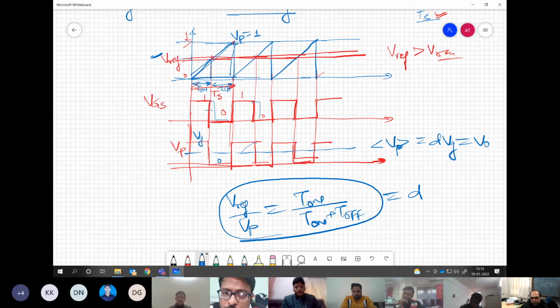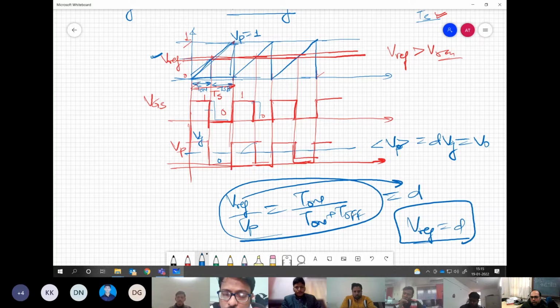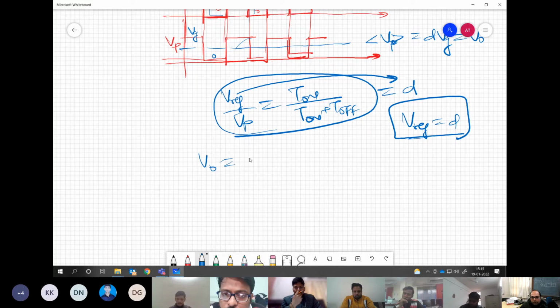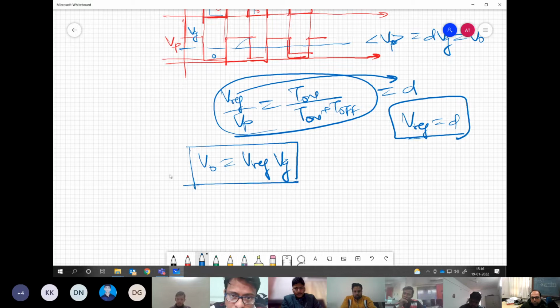So directly this Vref is related to the duty ratio D. And we can say that our output voltage is nothing but Vref times Vg, the input voltage. So we have a relationship between the output voltage and the control input.